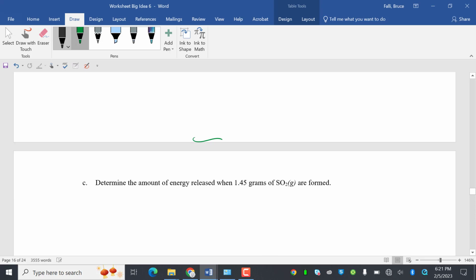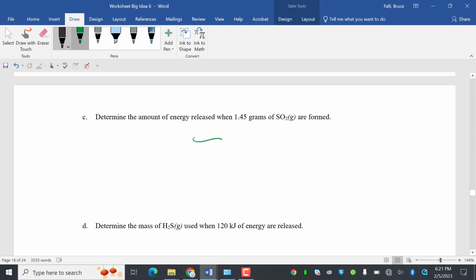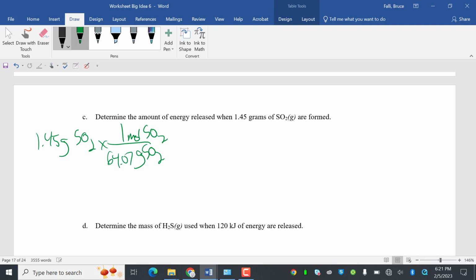All right. So the amount of energy released when 1.45 grams of SO2 are formed. 1.45 grams of SO2, going to moles of SO2. 1 mole is 32.07 plus 32, which is 64.07. Then I have moles of SO2, and then I have kilojoules.